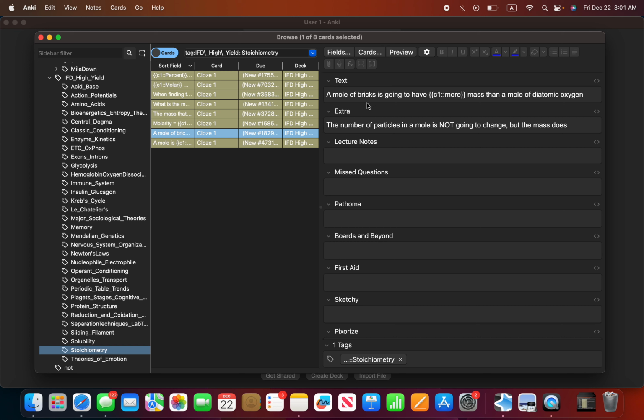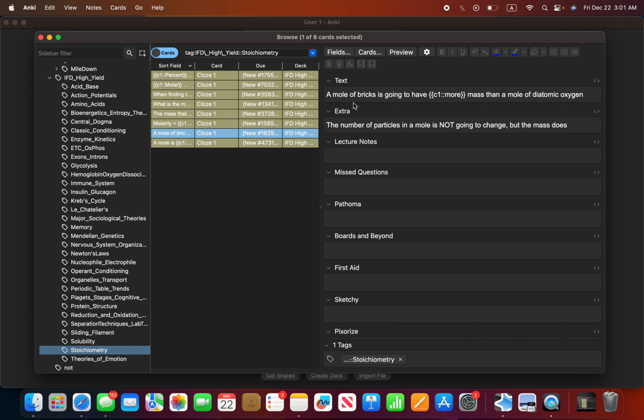So the 1 mole of the brick, so brick has more grams per mole than diatomic oxygen, right? The number of particles in a mole is not going to change, but the mass does.